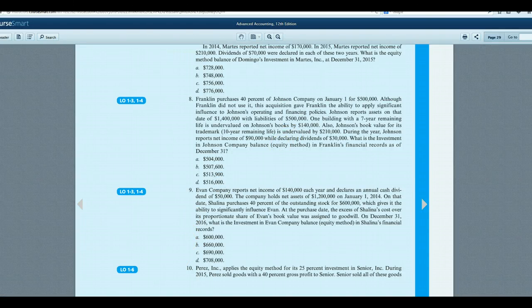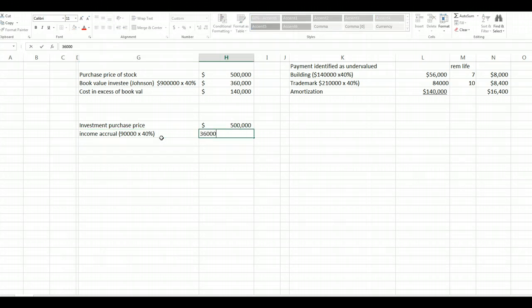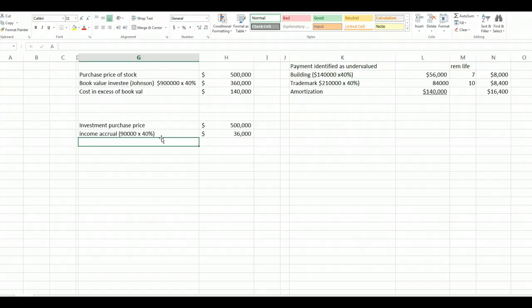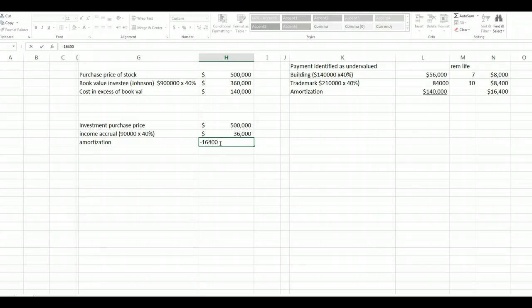Net income of 90 and 40% of that. So 90,000 at 40% is 36,000. Then we have the amortization from over here, of minus 16.4, right?